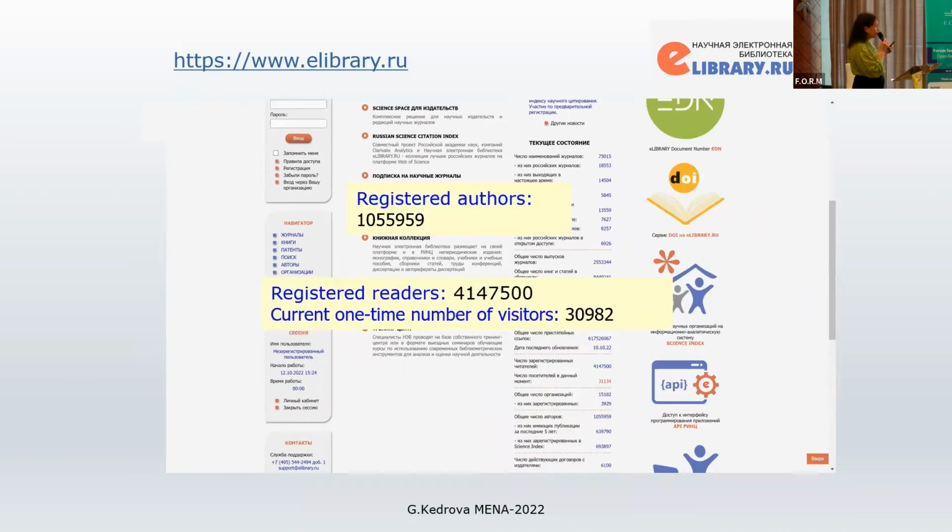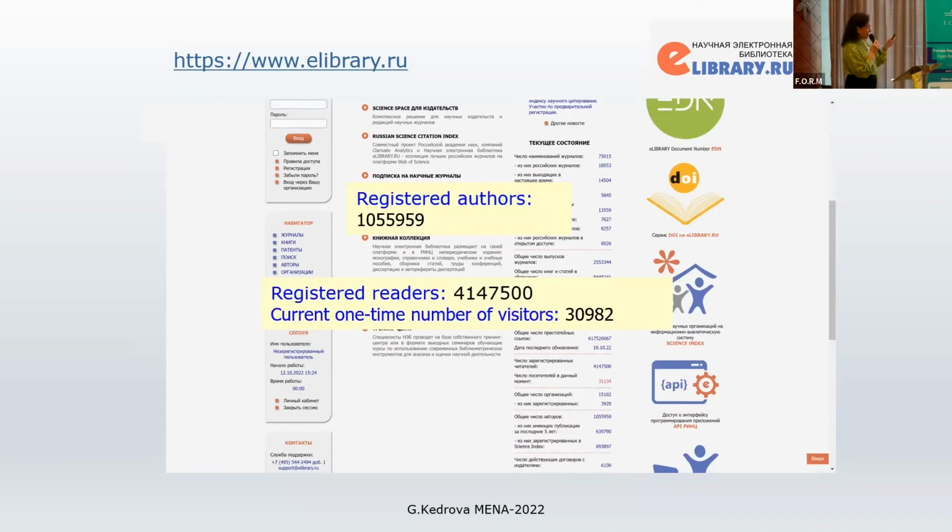At the moment, there are more than 1 million registered authors, because authors register themselves in this library. I'll show why. At the moment, there are more than 4 million registered readers of the library.